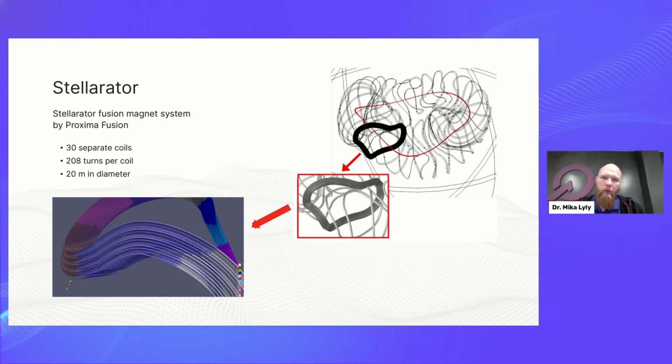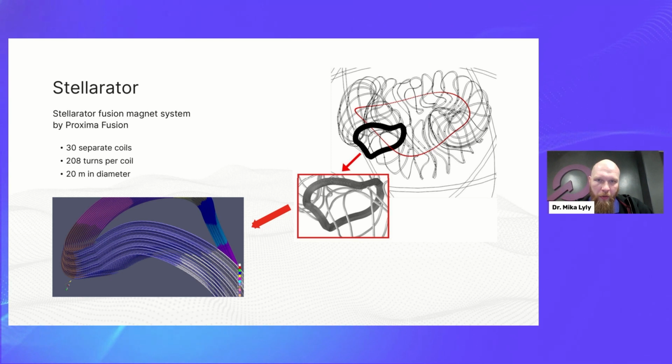Next, I want to show you one example simulation we did last year. This is an example of a very large scale simulation, and we did a mesh sensitivity analysis for a full-scale stellarator magnet assembly. Here you can see the magnet assembly.